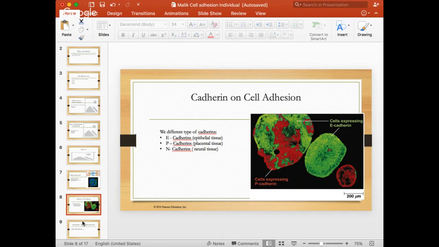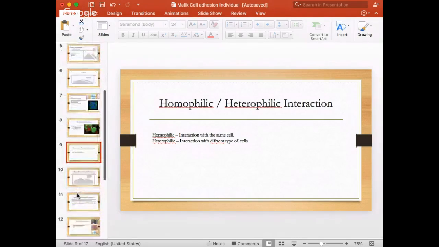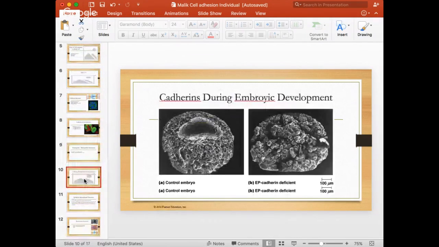They don't really like to have E-cadherins bound with P-cadherins or interchange with one another. So this is where the homophilic and the heterophilic interactions come about. The homophilic interaction is between the same type of cells that bind to one another, and the heterophilic interaction is between different types of cells. So they wouldn't mind binding to different groups or families as well.